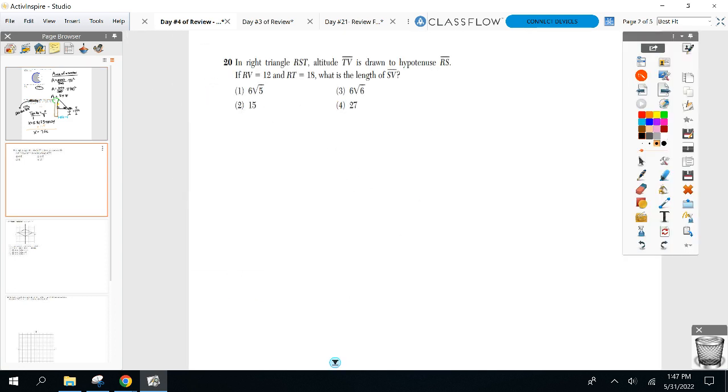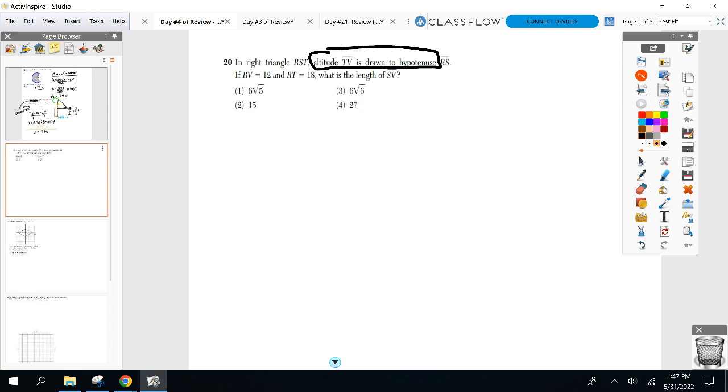Number 20. Let's see who, period 2 got this one. Let's see if you're at the same level now. There is a phrase in number 20 that tells me exactly how I'm going to do this problem, and that's why I picked it. Here's the phrase: altitude is drawn to the hypotenuse.